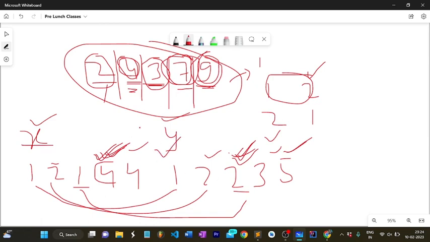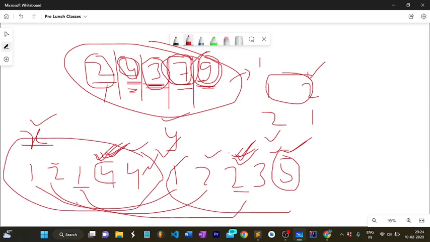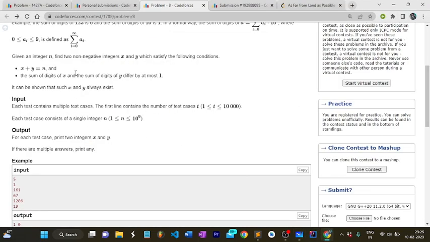So you can see here that if we are getting the odd digits an odd number of times, like here 3, 7 and 9, we are left with one extra number on this side. There is no balance of that on this side. So when you take the difference of the sum of these numbers and these numbers, you will get an absolute value of 1 here. So that's why they have said here that the sum of digits of x and sum of digits of y should differ by at most 1. It could be either 0.